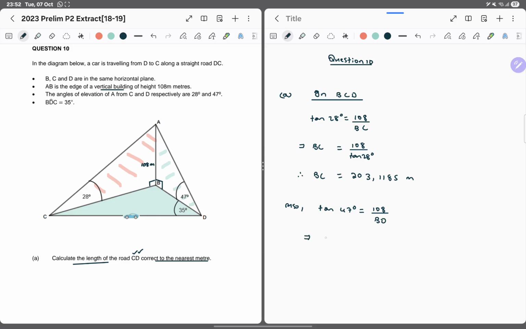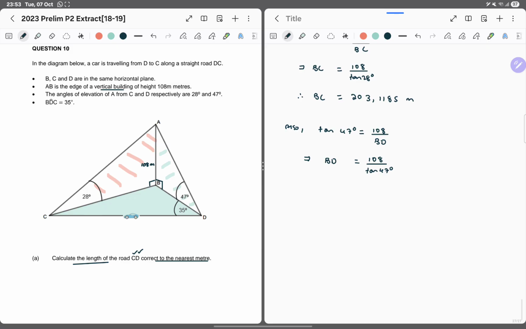This implies that BD is going to be 108 divided by tan 47 degrees. So therefore BD comes out as 108 divided by tan 47.